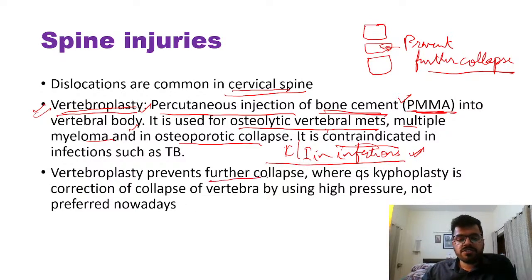Vertebroplasty just prevents further collapse, whereas kyphoplasty is correction of the collapse by using high pressure, but we don't prefer it nowadays. It's not usually done nowadays.